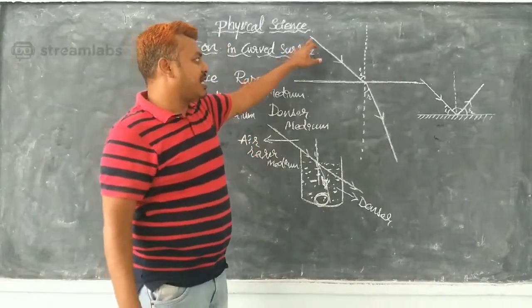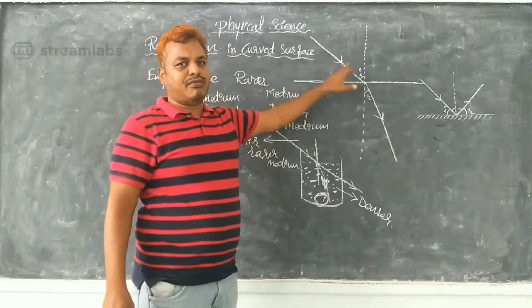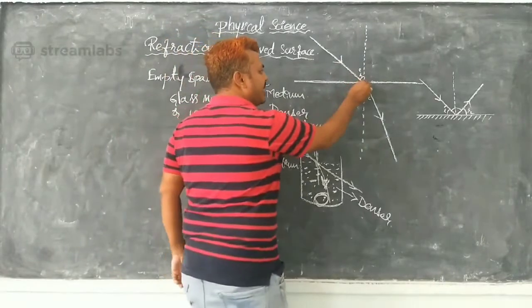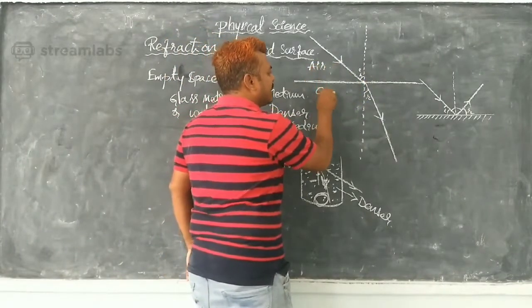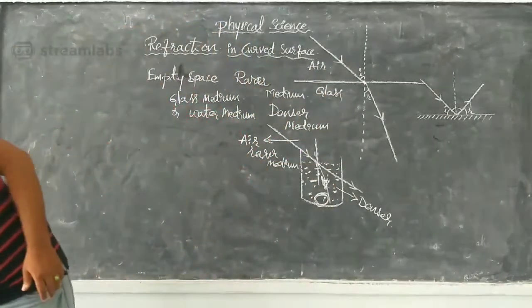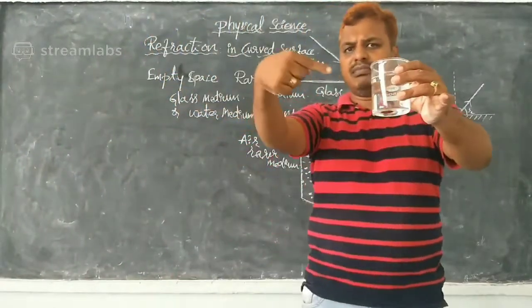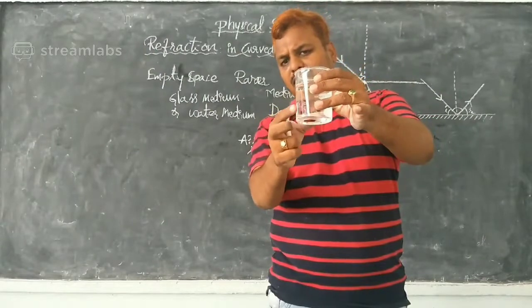So when a light ray is incident on the surface of another medium, it is entering from one medium into a second medium. This is the place where it is entering from air medium to glass medium, let me say. The light ray is entering from air medium into the glass or water medium.